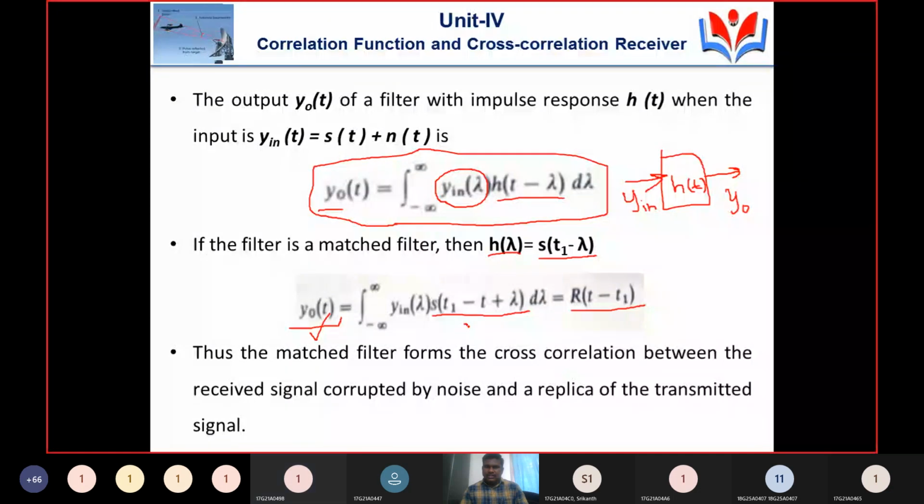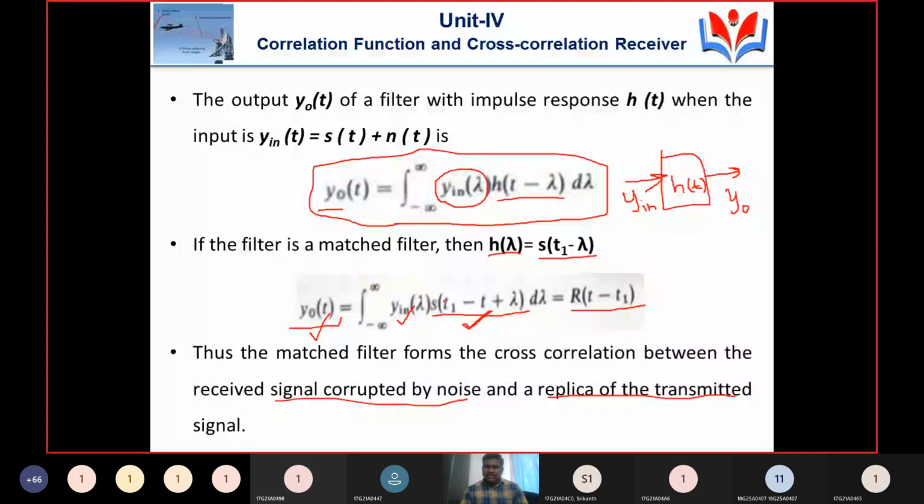The signal corrupted by noise, Y in, and the replica of the transmitted signal as S of T1 minus T plus lambda.